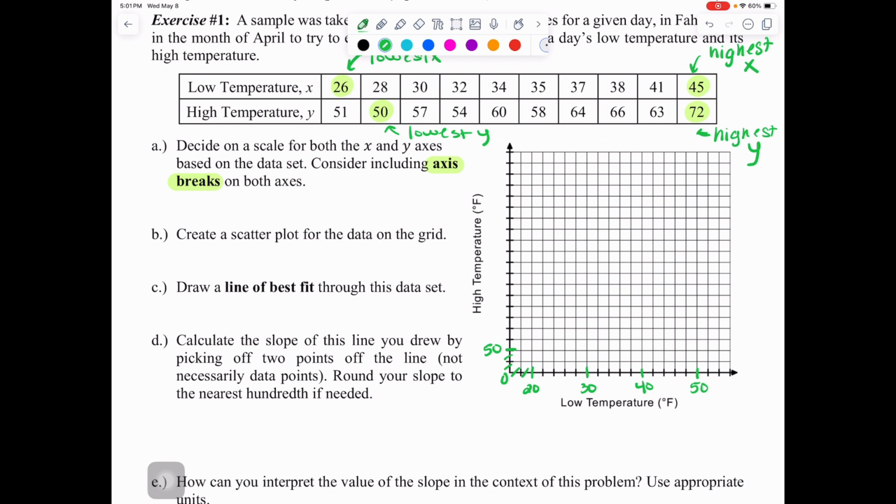So 2, 4, 6, 8, 10, I'll put a 60 here. 2, 4, 6, 8, 10, I'll put a 70 here. 2, 4, 6, 8, 10, 80 will be here. And as you can see, we clearly make the 72 that we need. This is part of the standard for this: you being able to take a look at the data and pick an appropriate scale, know when to use breaks.